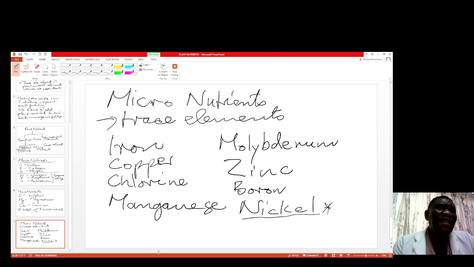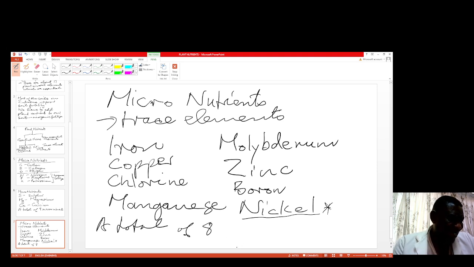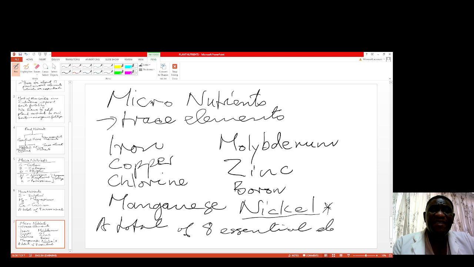So we have a total of 8 essential micronutrient elements. Okay, and macronutrients. I just want to move on to another aspect.